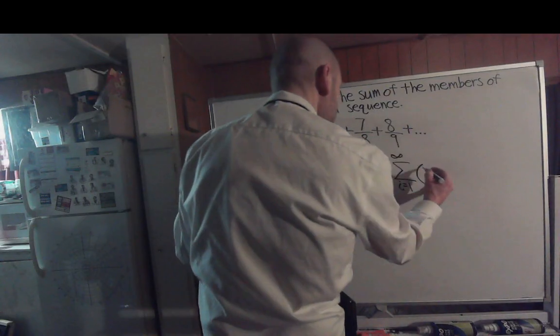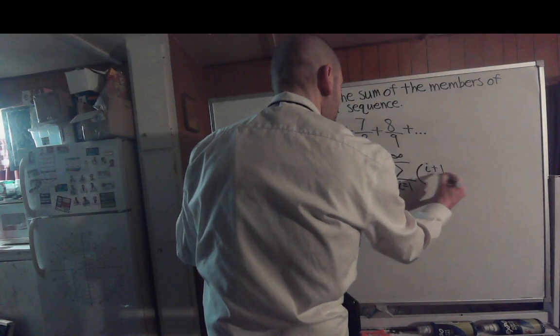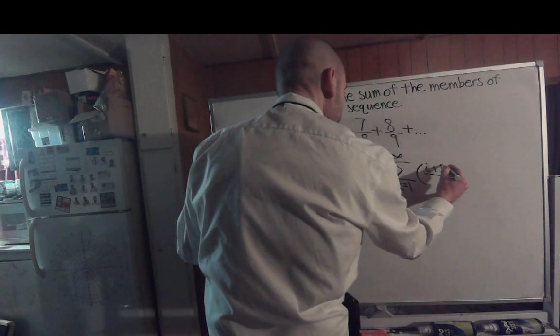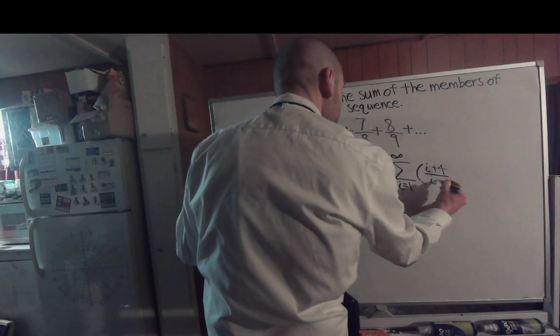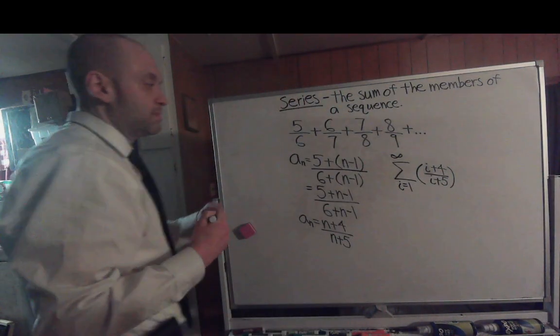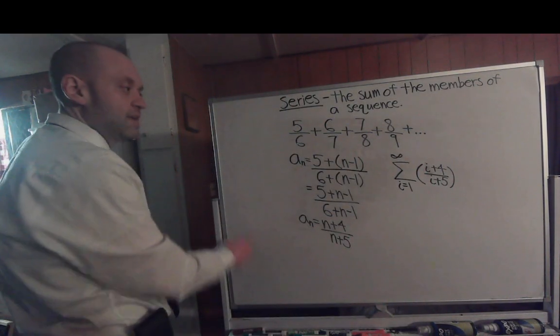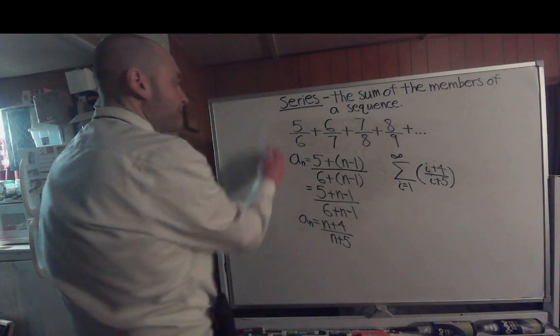So this would be the sum from 1 to infinity of, actually, let's use i in this, i plus 4 over i plus 5. That's how you would express the sum.